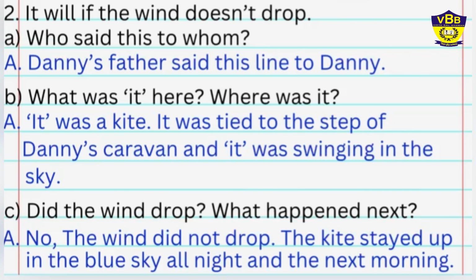After having breakfast, Danny pulled down the kite and hung it in his workshop. So did the wind drop? No, the wind did not drop. The kite stayed up in the blue sky all night and the next morning.